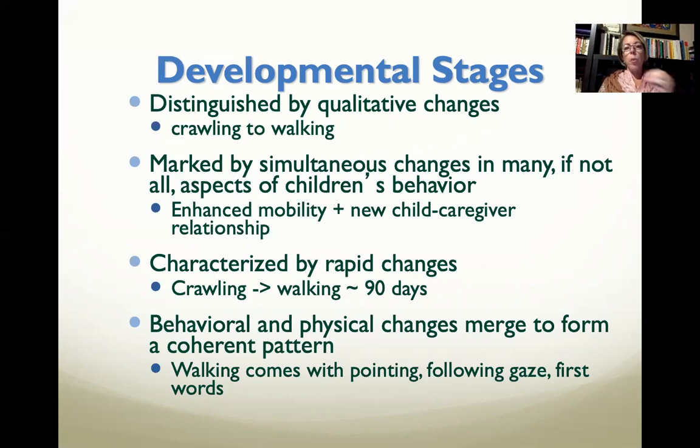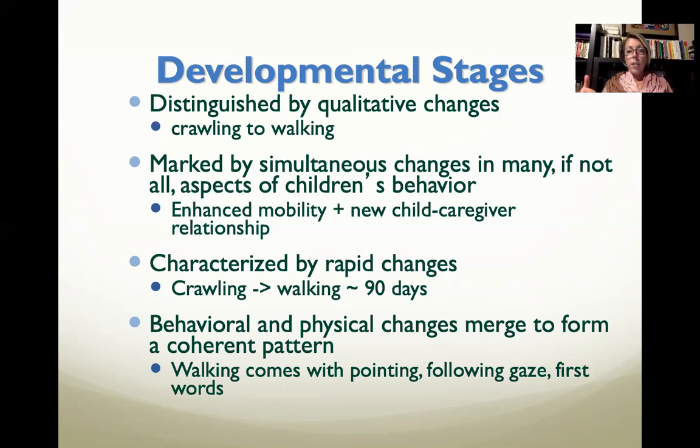It's not just more movement or less movement. It is that, but it's also a different kind of movement, right? And as I already said, a lot of things are changing all at the same time. If we talk about this in the context of lifespan development, this change from mostly crawling to mostly walking is pretty quick.